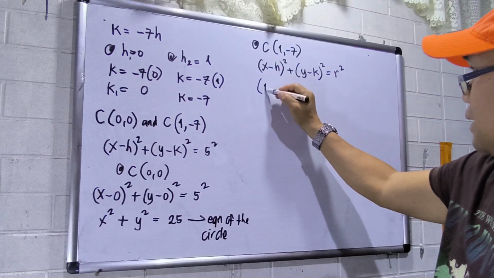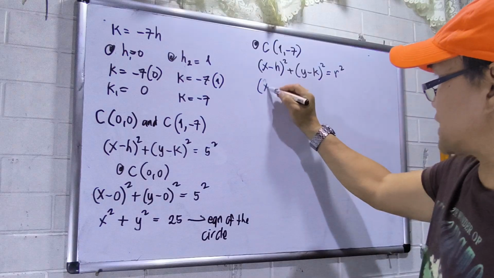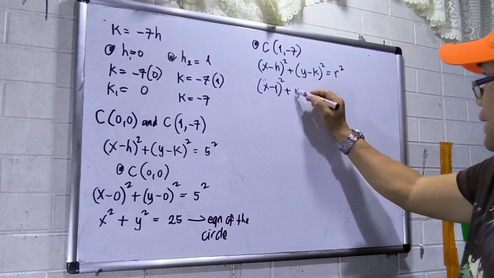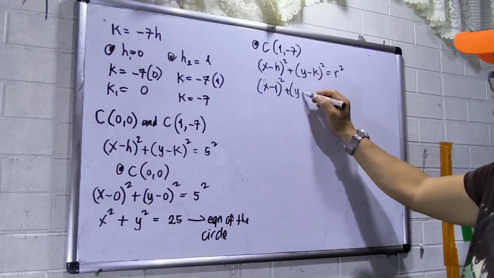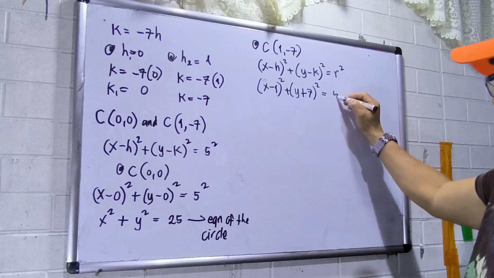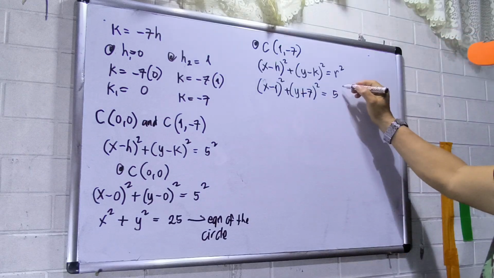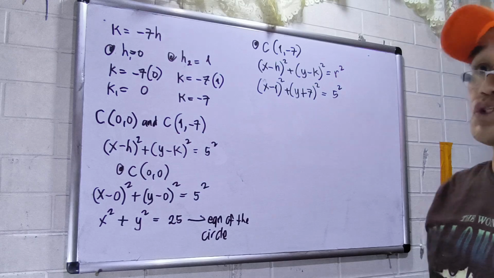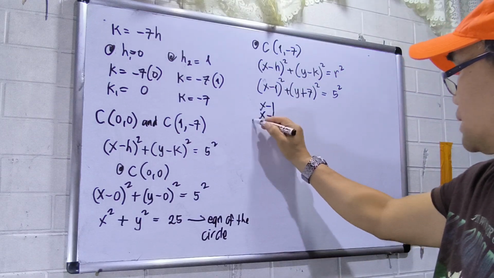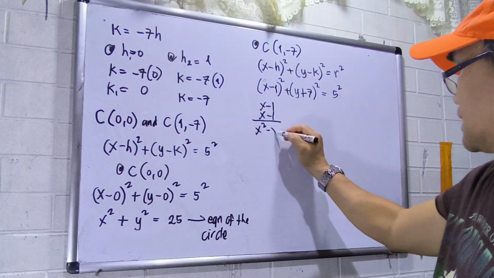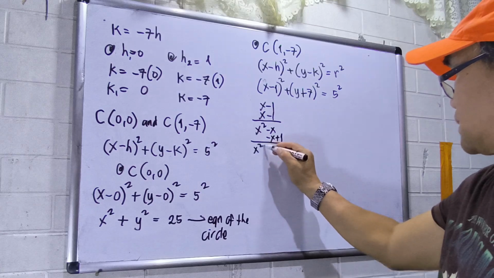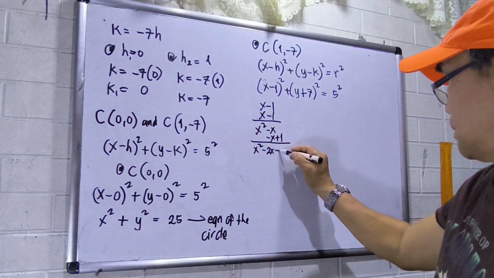So this will be x minus 1 squared plus y minus k, minus minus, that will be plus 7 squared, and we know that this is 5 squared. So expand x minus 1 times x minus 1. This will be x squared minus 2x plus 1.